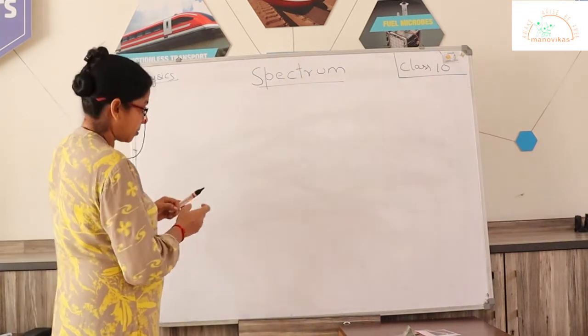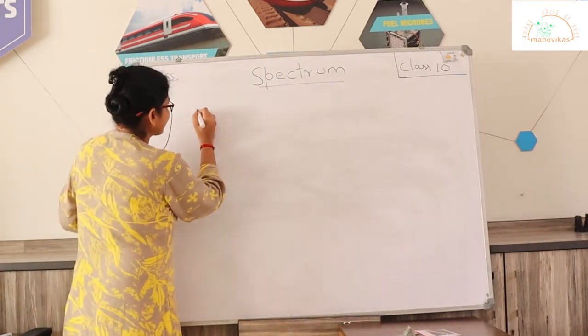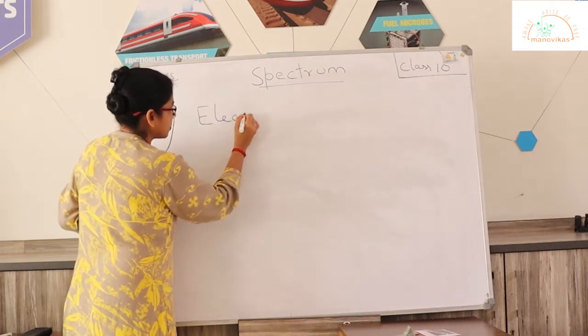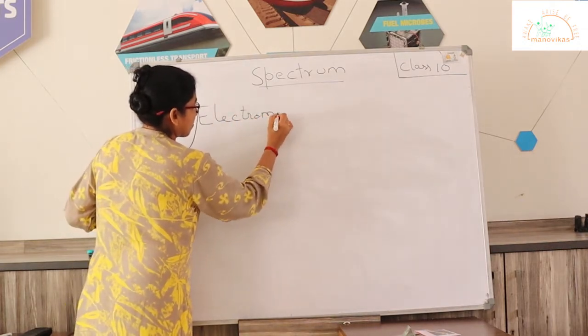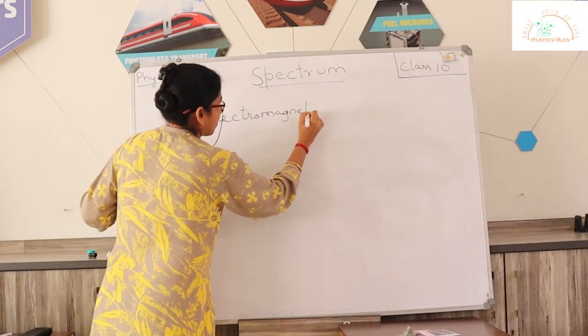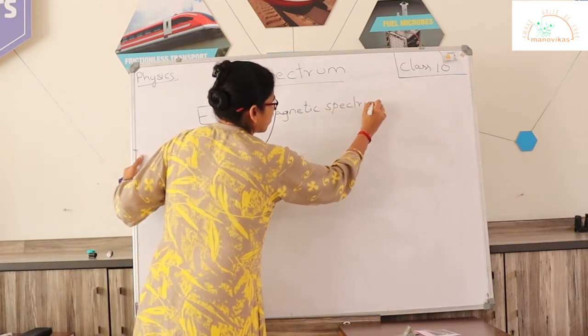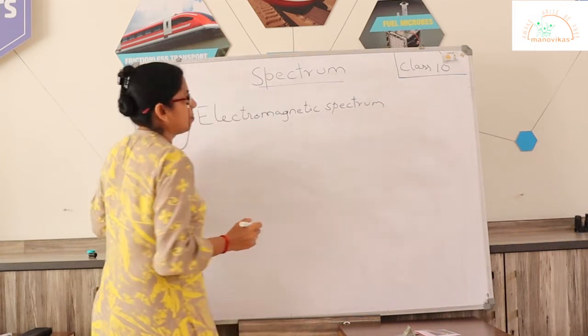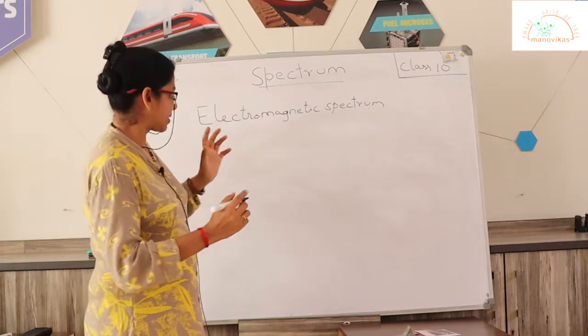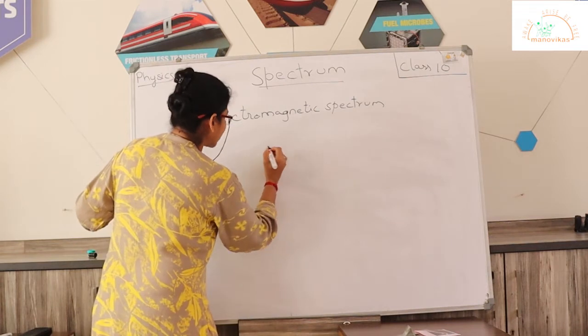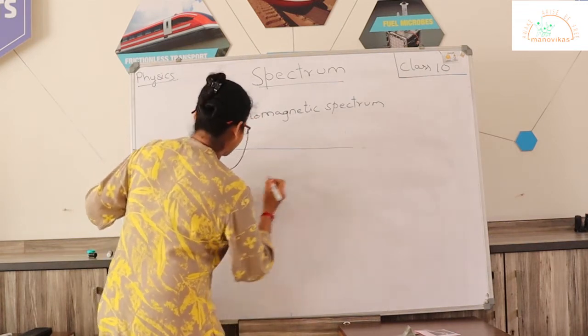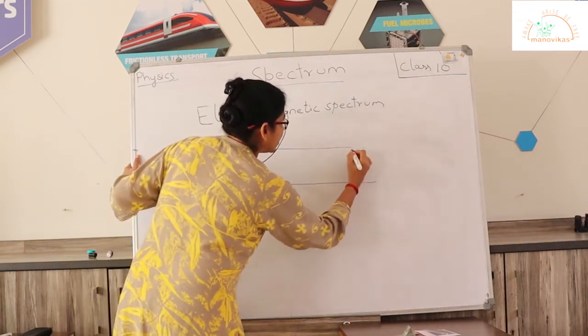So the next part is electromagnetic spectrum. Now in this electromagnetic spectrum you have the visible section, so you can just show it as a band here.